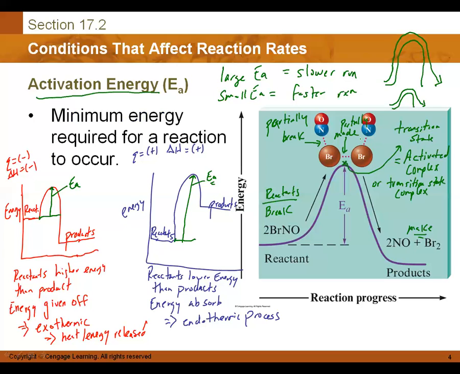So on each of these diagrams that we see here on the right, and also the ones that we drew over here on the left, our transition state will always be up there at the top of the curve. These transition state complexes are usually very, very hard to isolate because they are high in energy.